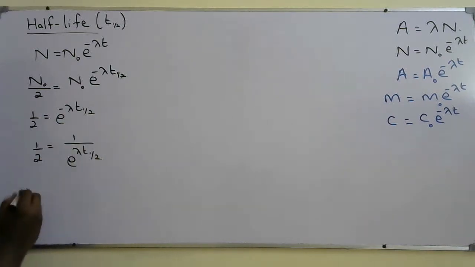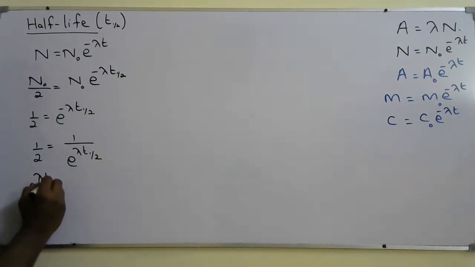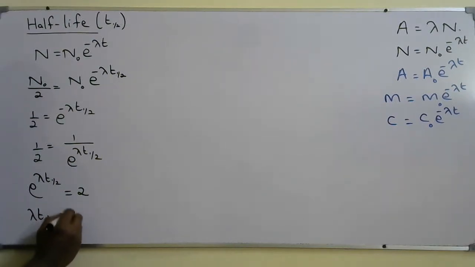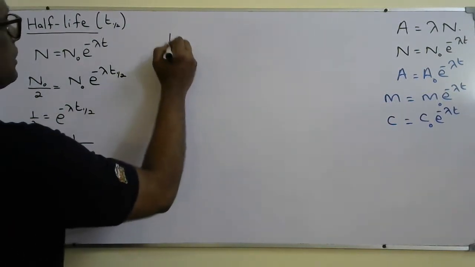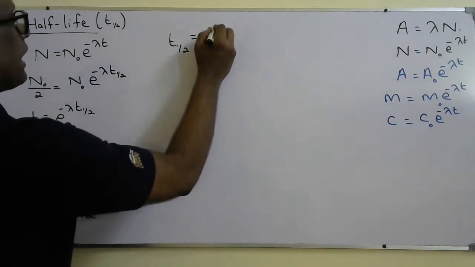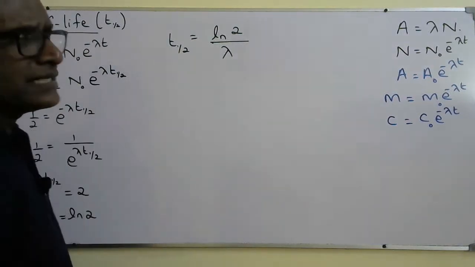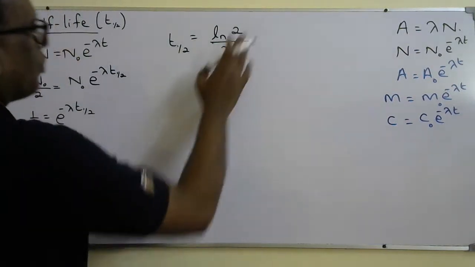Cross multiply: e to the power lambda T half equals 2. Take ln on both sides. When you take ln of e to the power, we get lambda T half equals ln 2. Make T half the subject. So T half is equal to ln 2 over lambda. ln 2 is 0.693 or something like that, but T half is ln 2 over lambda.